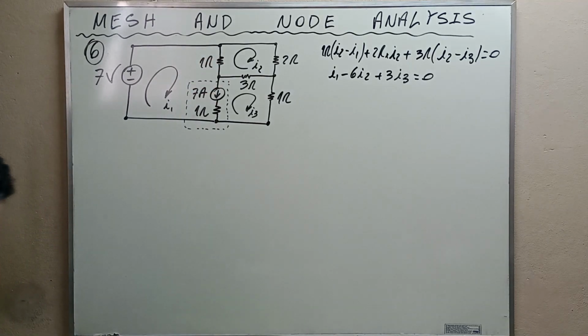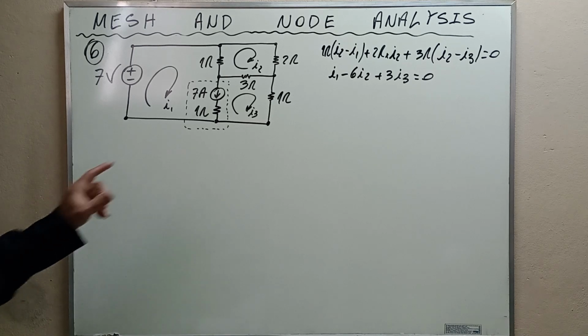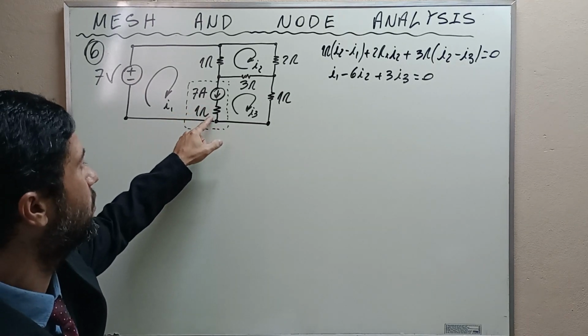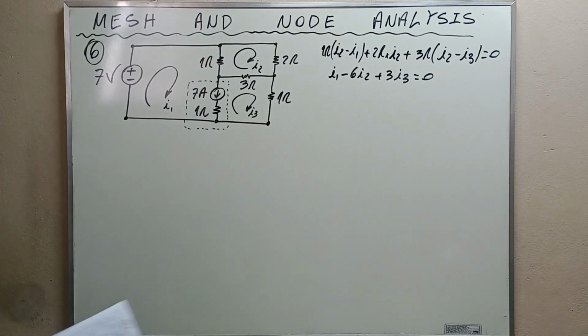Now let's consider the combined mesh equations for mesh 1 and 3, neglecting the super mesh composed of the 7 amps current source and this 1 ohm resistor.